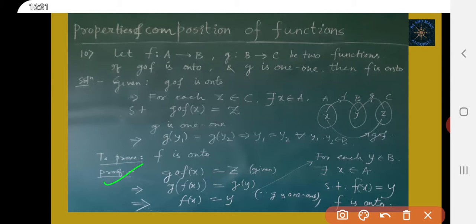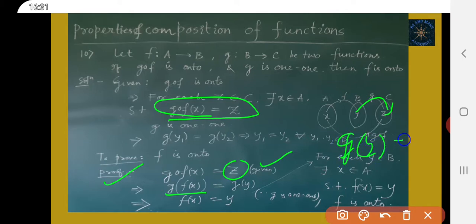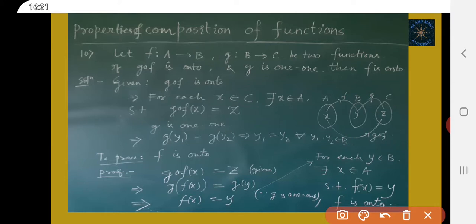So see what is given. g∘f of x is equal to z, this is given, and you can write g of f of x is equal to z. You can write z is g of y equal to z. So you can write g of y. Now g is 1-1.